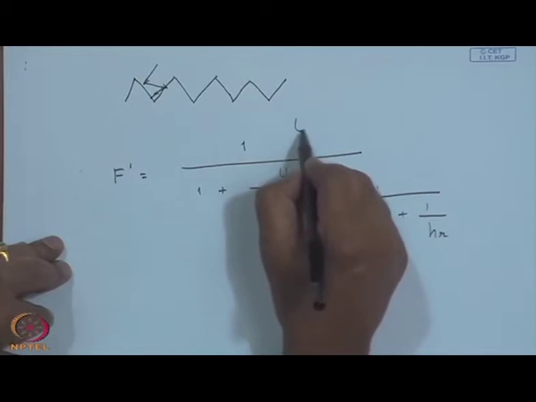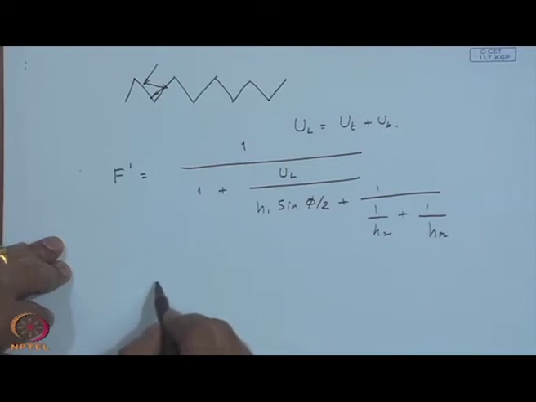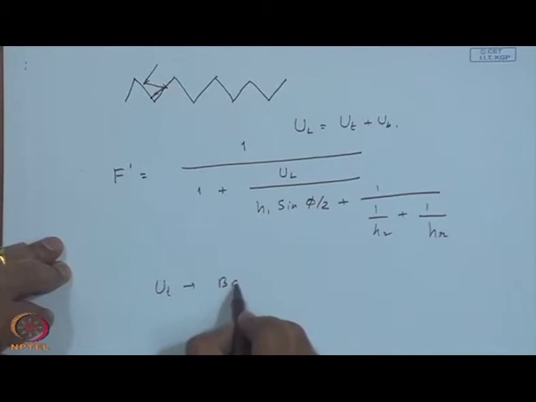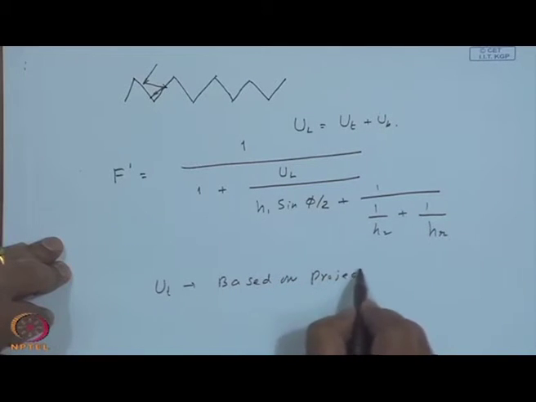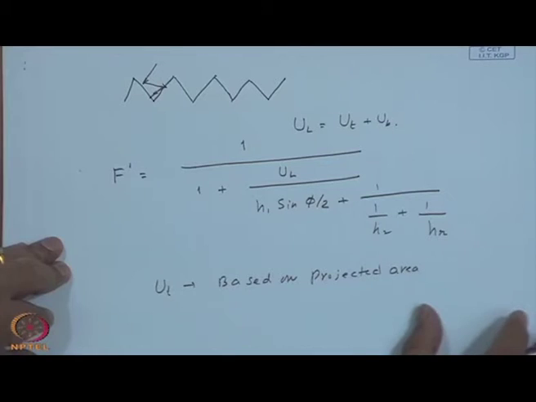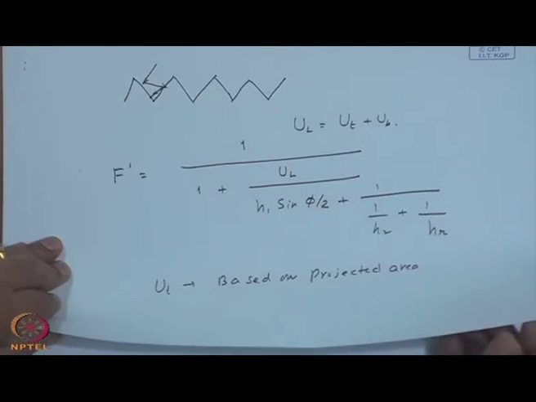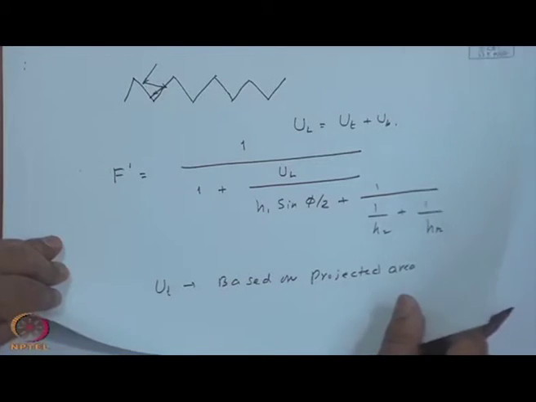So, of course, U L equal to U t plus U b, and U t is based on projected area. In other words, as if it is a plain sheet, because if you take the area of the corrugated sheet, that will be larger than the plain sheet, whereas the other losses will be taking place H 2 particularly, and U b will be from the area which is just that of a plain sheet. So, everything is based upon the projected area.